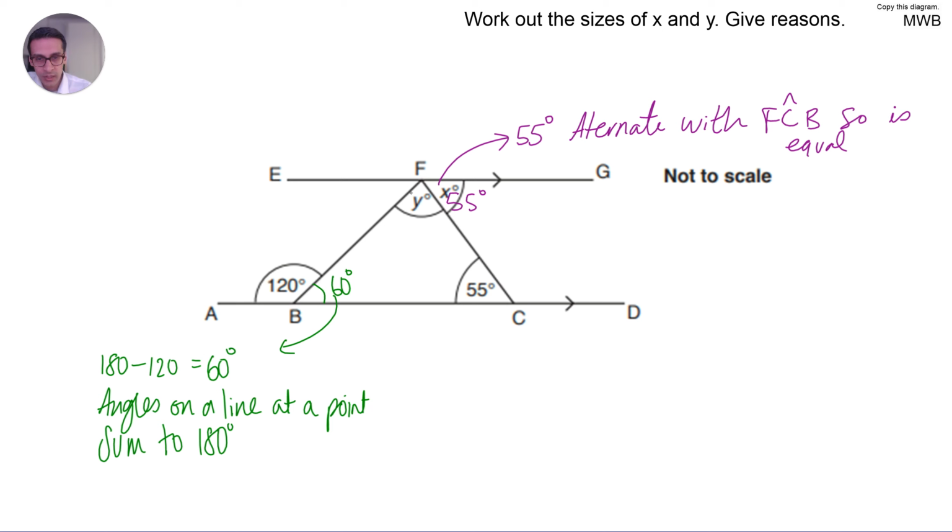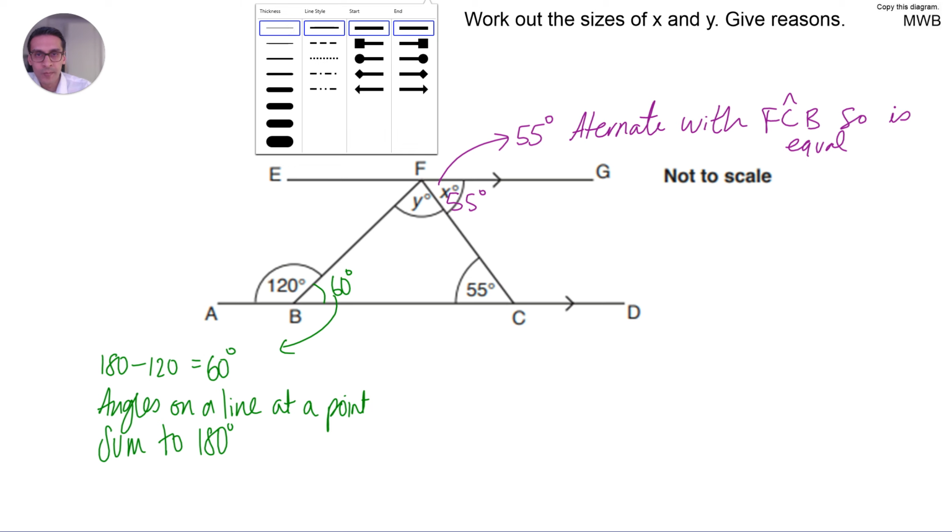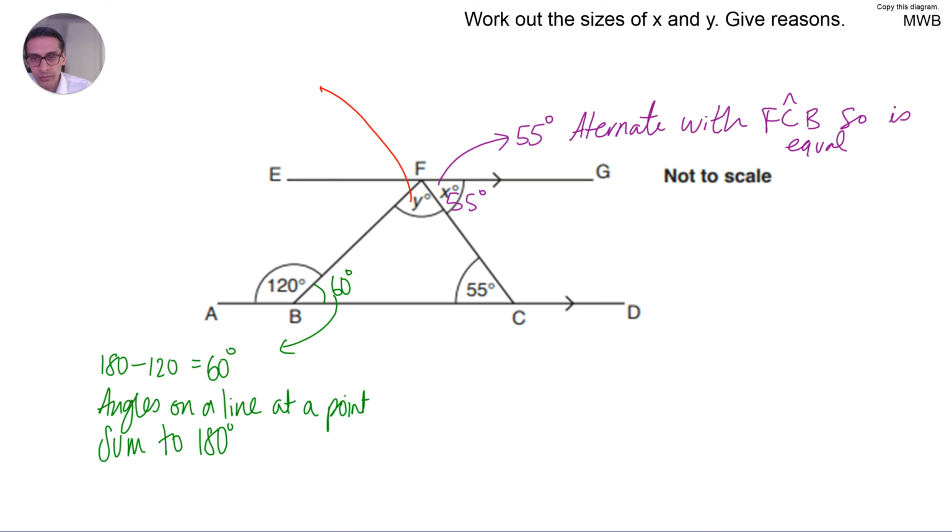Now we have enough information to work out the angle y because this is just a triangle and we've already got two of the base angles of this triangle. So we'll do that up here. So 180 minus the two angles that we have, the 60 and the 55. So 60 plus 55.